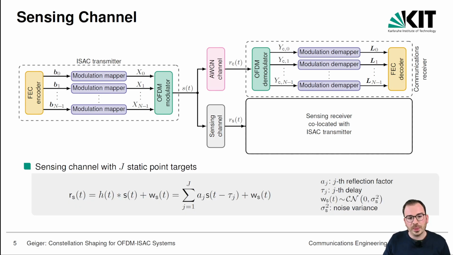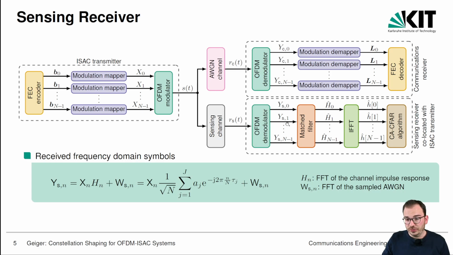For sensing, we consider an arbitrary but fixed channel with J static point targets. This allows us to write the received signal as a superposition of J attenuated and delayed versions of the transmit signal. In the frequency domain, this corresponds then to a pointwise multiplication of the transmit symbols with J complex oscillations.